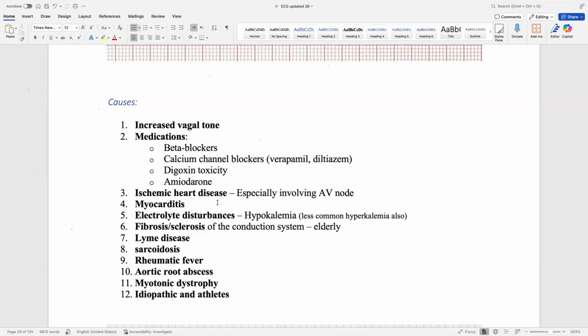What else can cause AV block is the electrolyte that works in the action potential of the AV node, which is potassium. Low potassium can reduce the velocity of conduction in the AV node and can cause heart block. First, second, third.